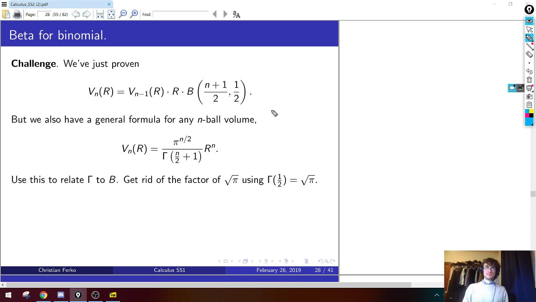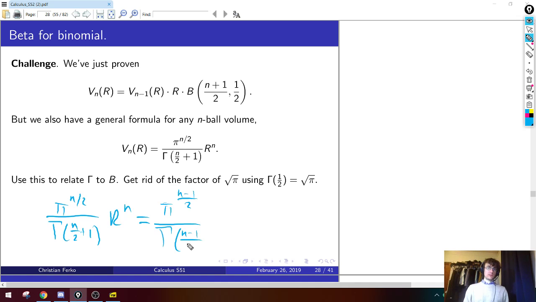So we're going to have on the left side pi to the power of n divided by 2 over gamma of n divided by 2 plus 1, times R^n, equals pi to the power of n minus 1 divided by 2, all divided by gamma of n minus 1 divided by 2 plus 1, times r to the n minus 1, and then times r to bring that to r to the n.